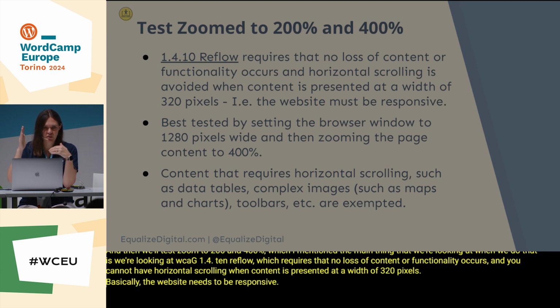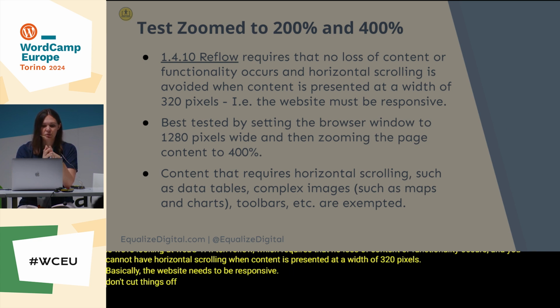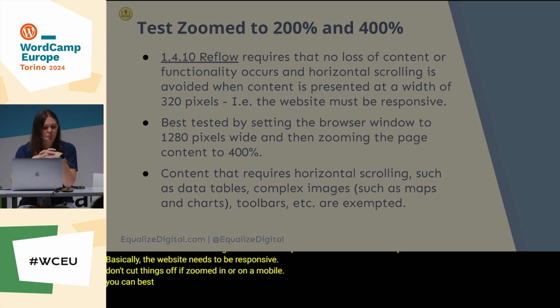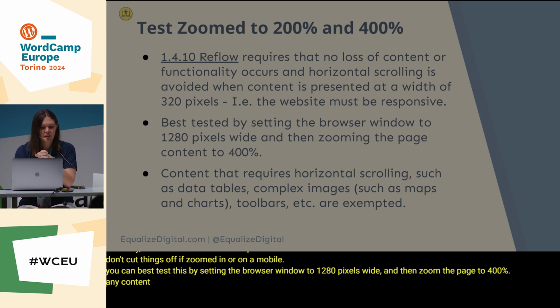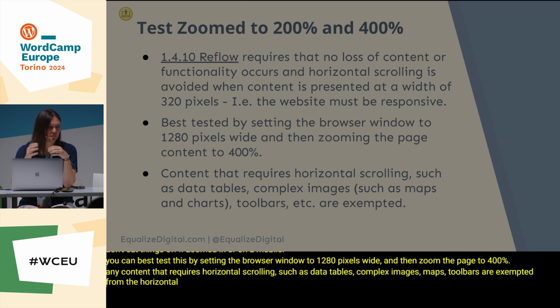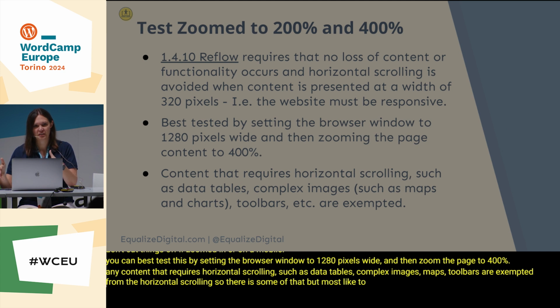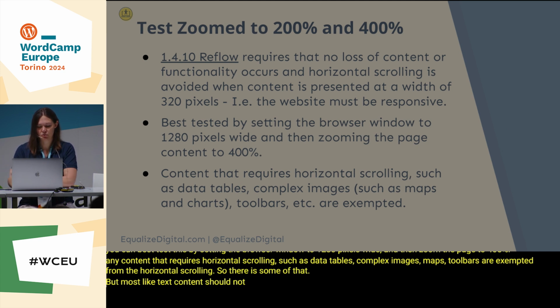Don't cut things off if zoomed in or on a mobile. You can best test this by setting the browser window to 1280 pixels wide and then zoom the page to 400%. Any content that requires horizontal scrolling, such as data tables, complex images, maps, toolbars, is exempted from the horizontal scrolling. So there is some of that, but most text content should not require horizontal scrolling.